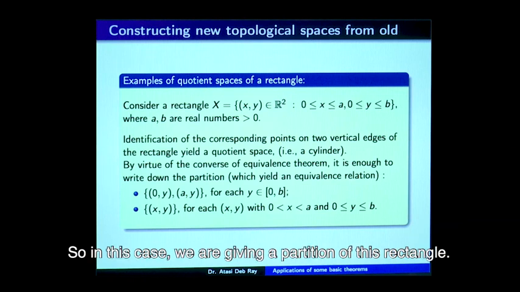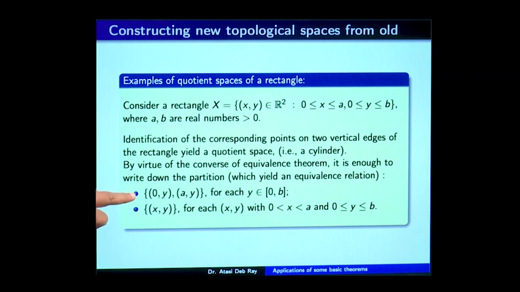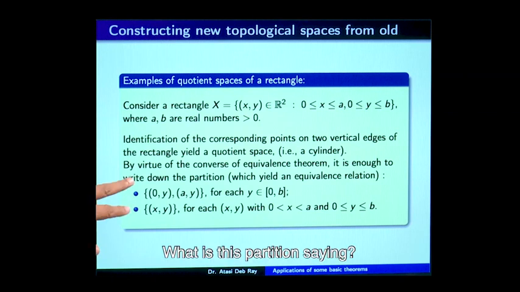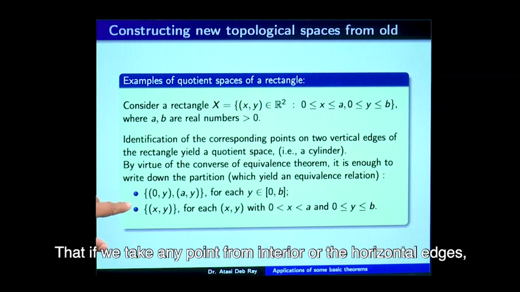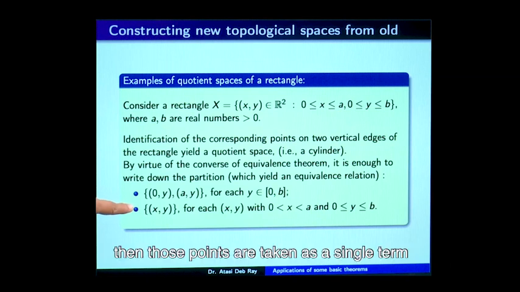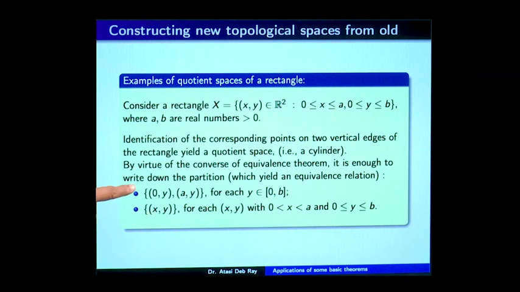So, in this case we are giving a partition of this rectangle. What is this partition saying? That if we take any point from the interior or the horizontal edges, then those points are taken as a singleton in the quotient space.